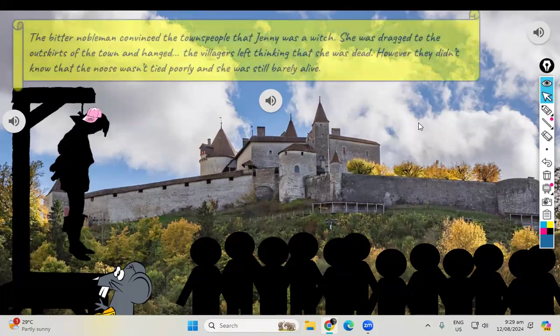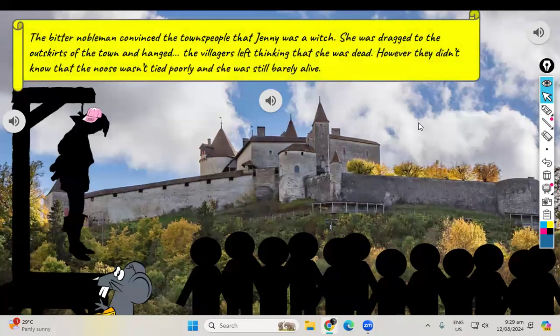So the bitter nobleman convinced the townspeople that Jenny was a witch. She was dragged to the outskirts of the town and hanged. The villagers left thinking that she was dead. However, they didn't know the noose wasn't tied properly, and so she was still barely alive.